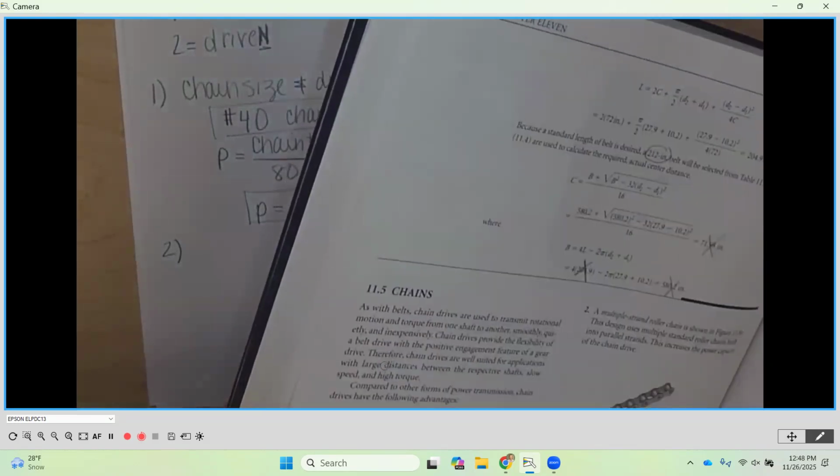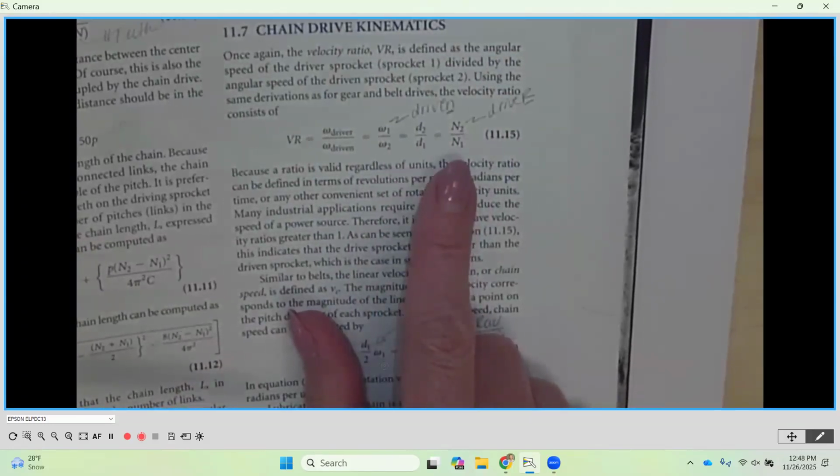If we go back to page 311, the velocity ratio options that we have here are angular velocities of the driven to the driver, and the pitch diameters, as well as the number of teeth.